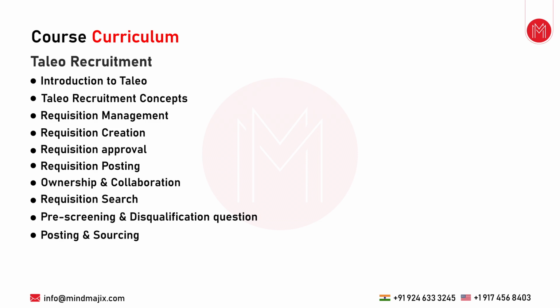Now, as I said, the hiring manager raised a requisition and it has gone to the recruiter to key in the other details. The recruiter's job here is to fill in the rest of the details. So when we are raising a requisition, what sections does it hold? In the first step, the hiring manager just raised a requisition, just initiated a process and filled in only a few details, right?